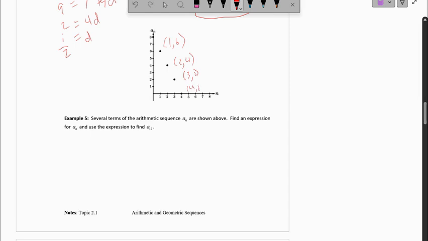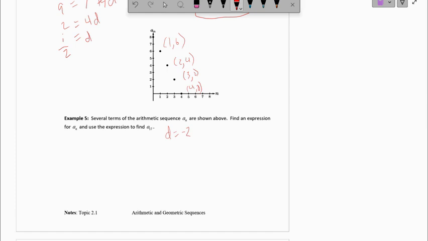This is 4, 0. Or just find the slope, right? I'm going down 2 over 1. So just from looking at that, I can figure out that my common difference is minus 2. Okay, I don't have to do anything extra.